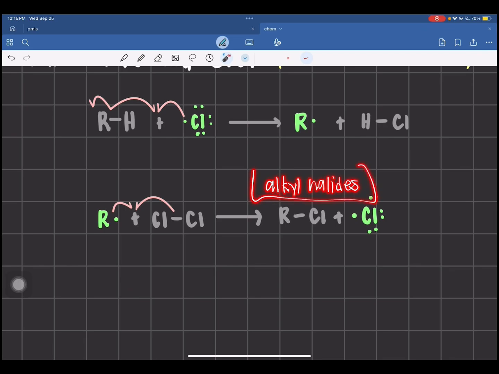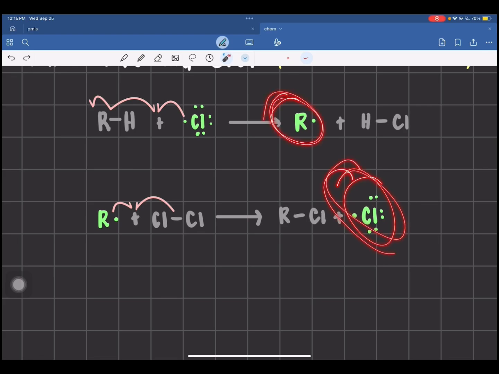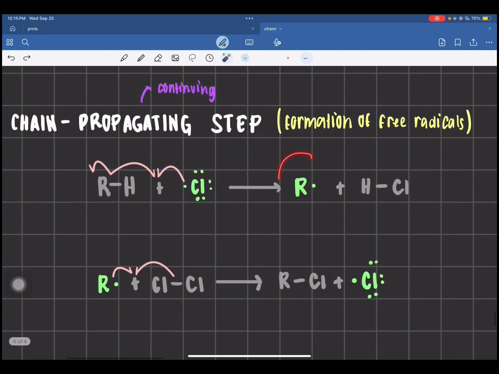Pero ayan, this is an example of an alkyl halide. Tapos may na-form din na chlorine atom as a byproduct. So ayan, free radicals yan pareho. And as long as nangyayari yon, as long as nagfo-form ng free radicals, nagtutuloy-tuloy lang yung chain mechanism of halogenation.